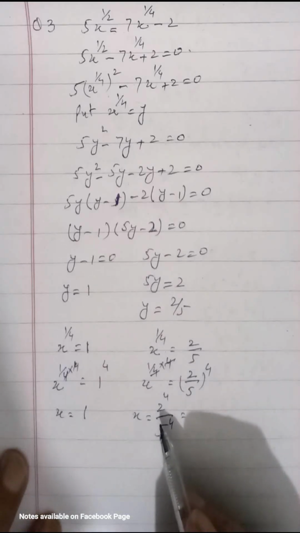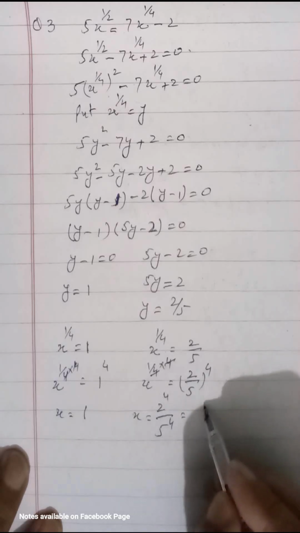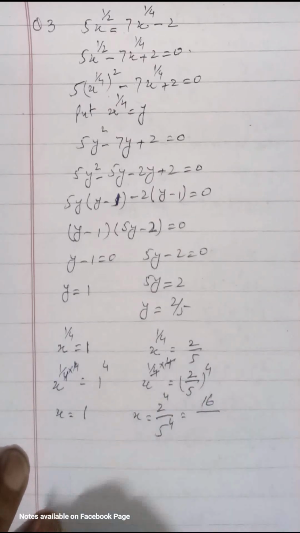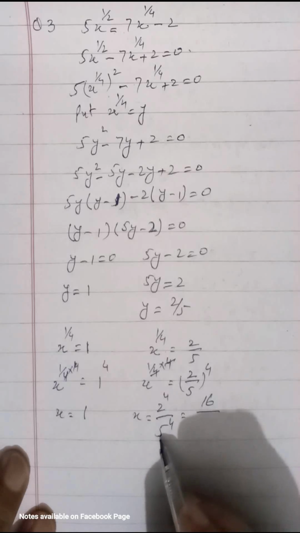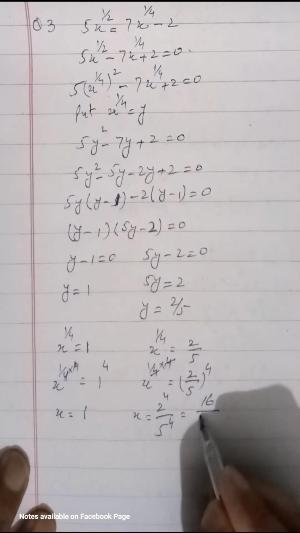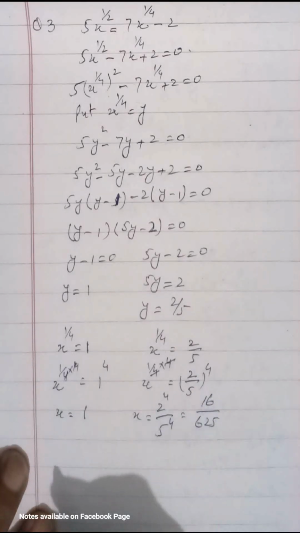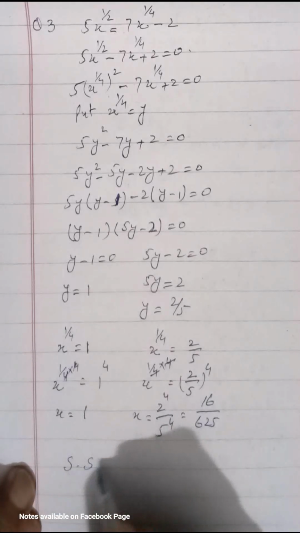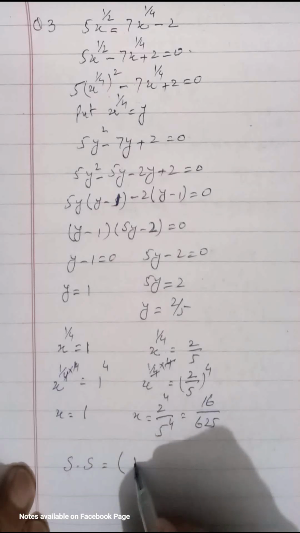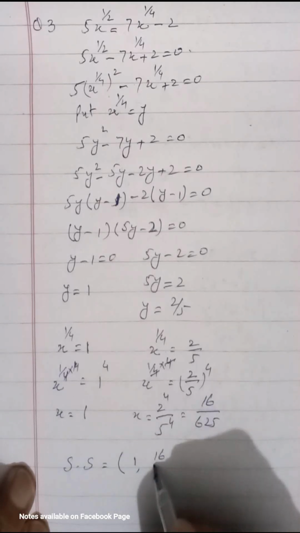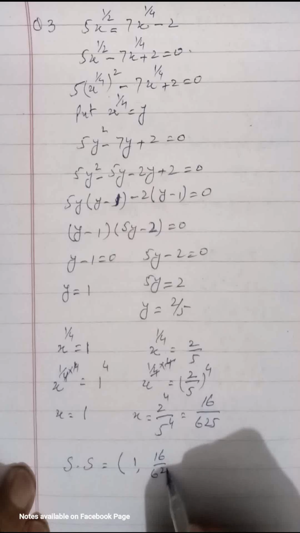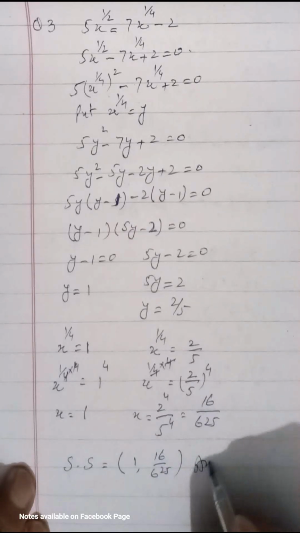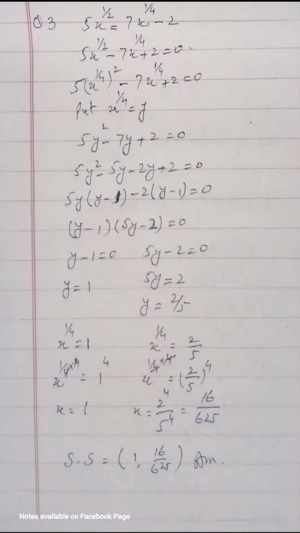Now 2 power 4 is 2 twos are 4, 2 fours are 8, 2 eights are 16. 2 power 4 is 16 and 5 power 4 is 625. Now the solution set is 1 and 16 over 625 is the answer.